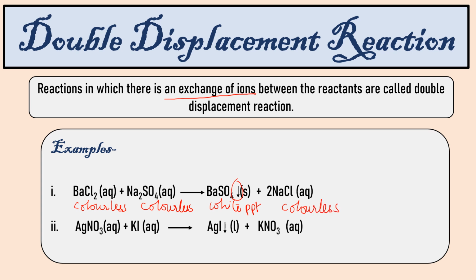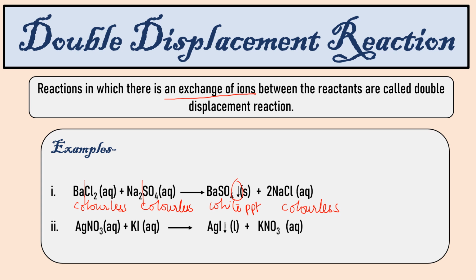Now, exchange of ion, in the definition I have written exchange of ion. Let's break the compounds into ions. We get barium chloride, barium ion and chloride ion. Sodium sulfate, in the next slide I'll show you the ions properly, sodium ion and sulfate ion.